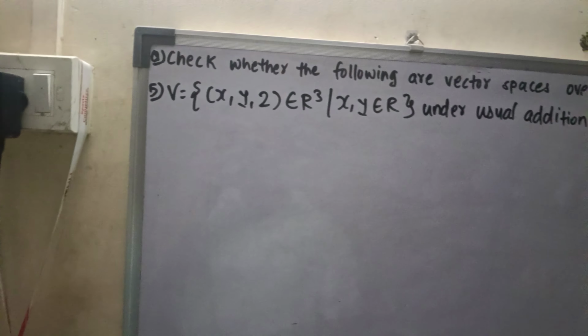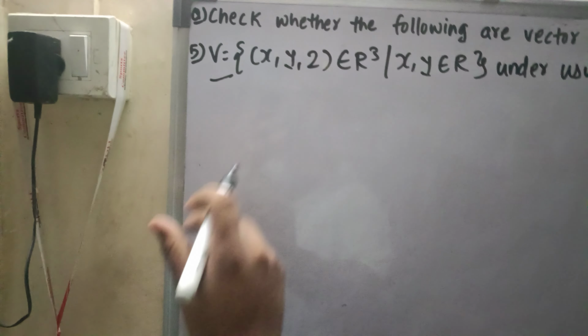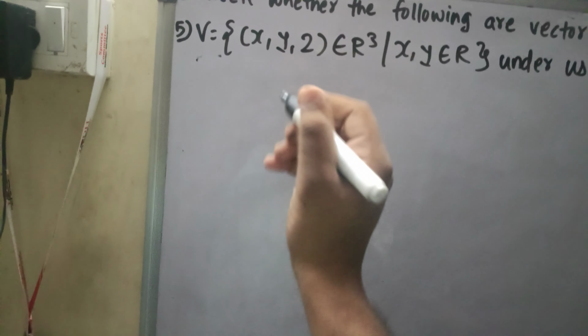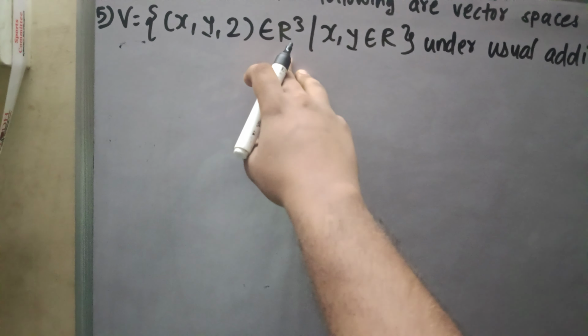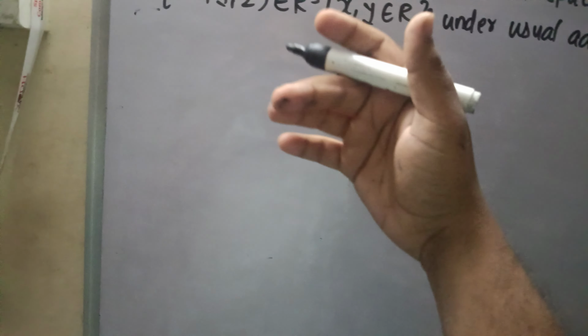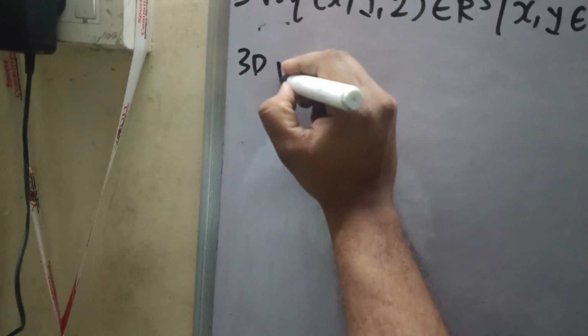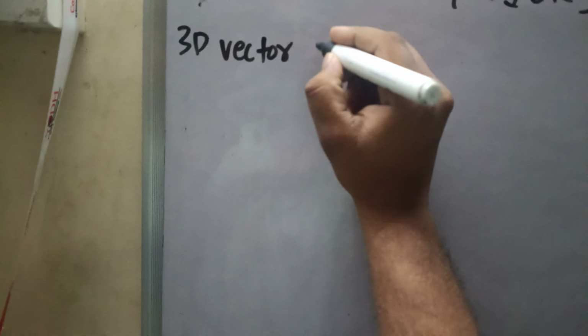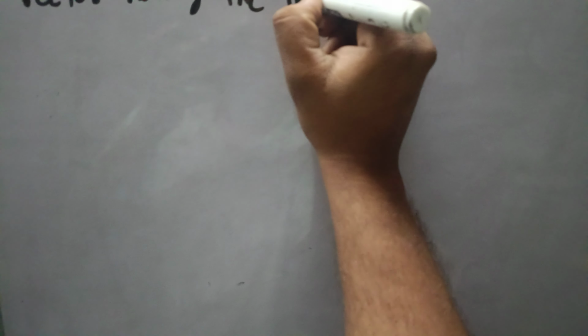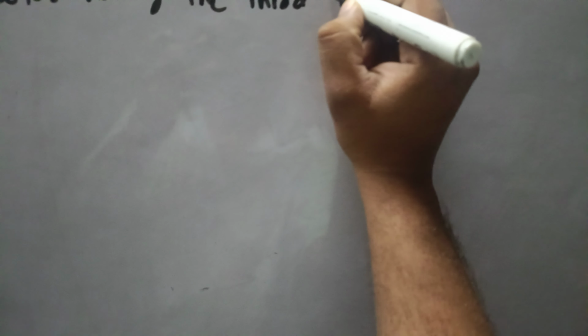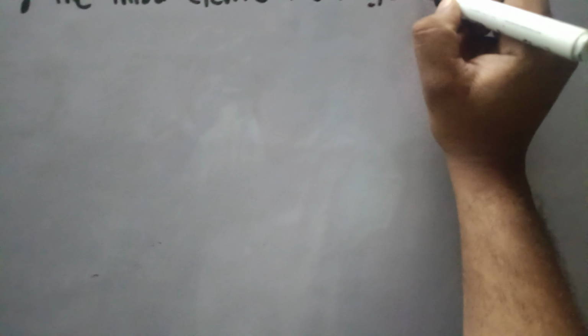In this question, we have been given a set which has x, y, z belonging to R cube, which is a 3D vector, having the third element always as 0.